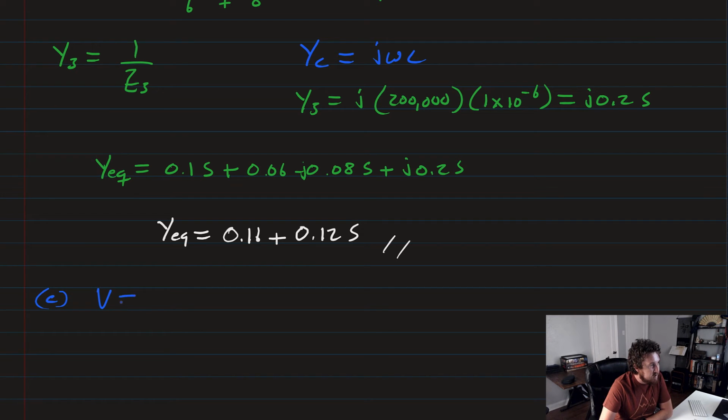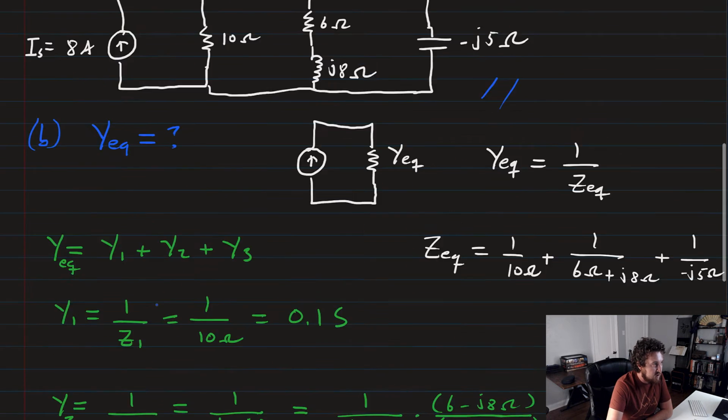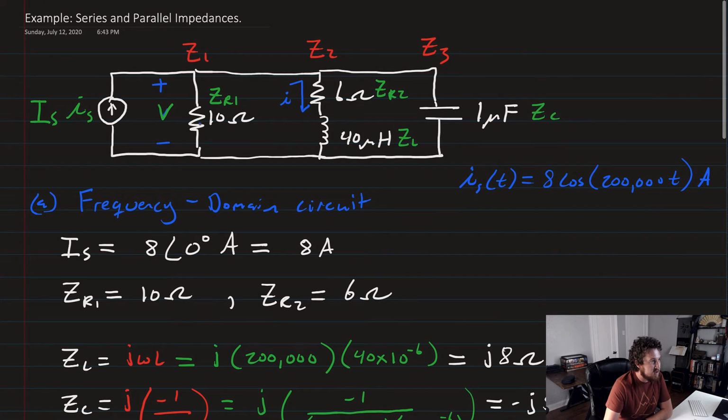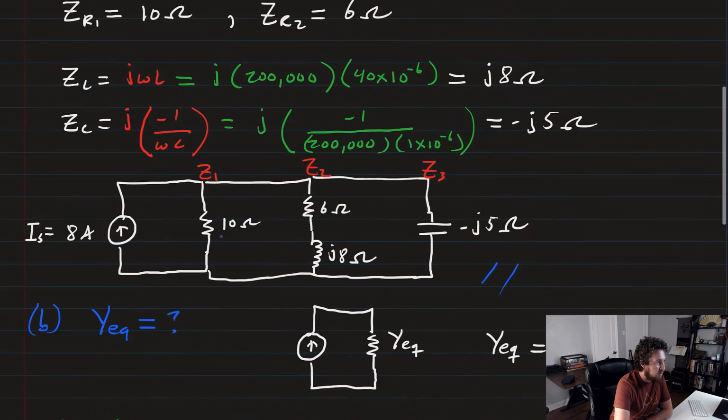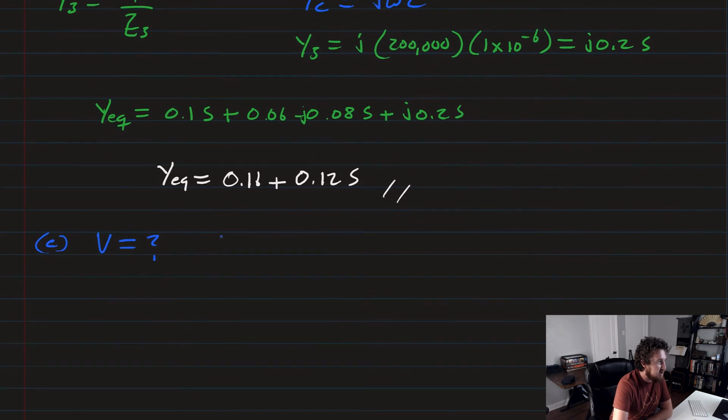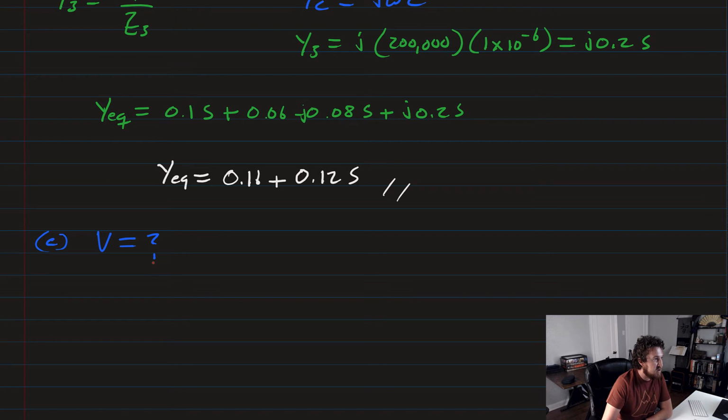Part C wants us to find that V that we'd originally labeled, that's the voltage that's across each of these impedances, right? So the voltage that's in parallel with our current source. Now we already kind of know how to solve for this one. We know that V is equal to I times our Z, in this case our Z equivalent and our I source. So the only thing we need to calculate first is just Z equivalent, which we know is the inverse of the Y equivalent.